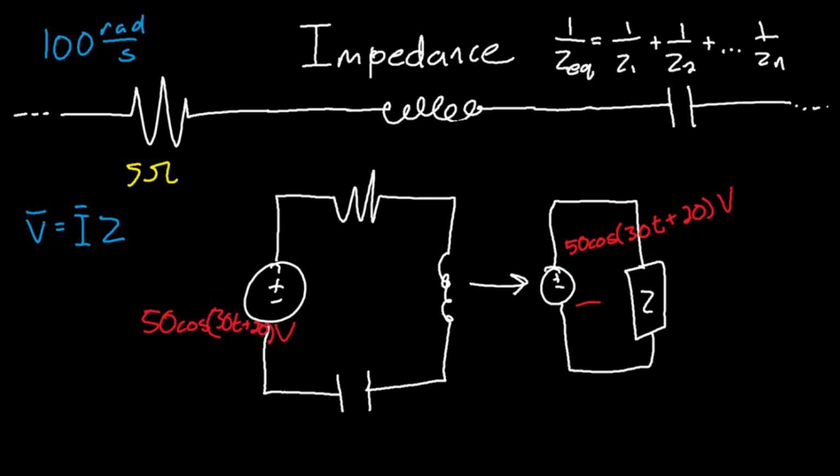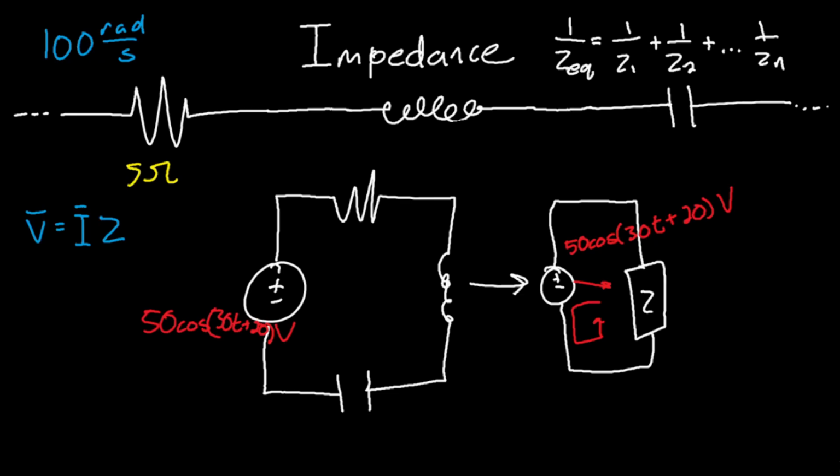You can simply use KVL on this, and you would still be able to find the voltage at this impedance element. I actually don't know the formal name for that. Maybe I should have looked at that. But you guys get what I'm saying, okay? So you can still use KVL for this, and when you do, that means you have the voltage at this impedance location.